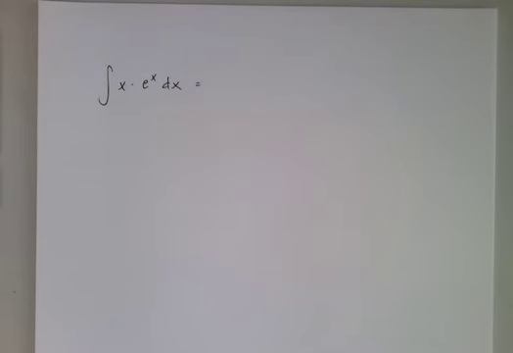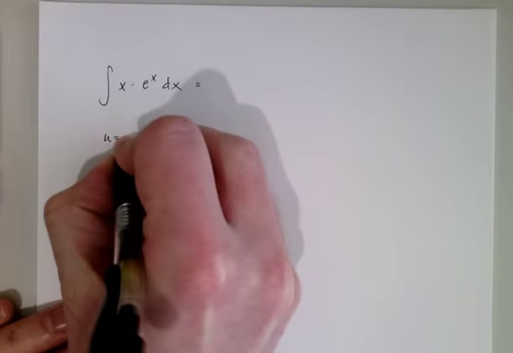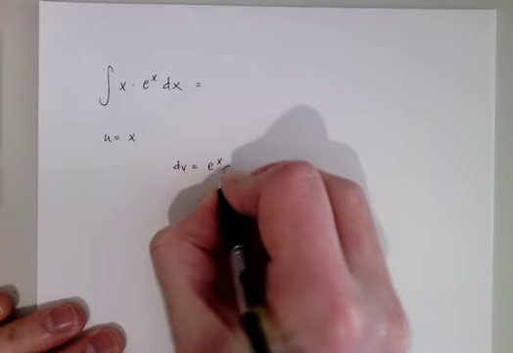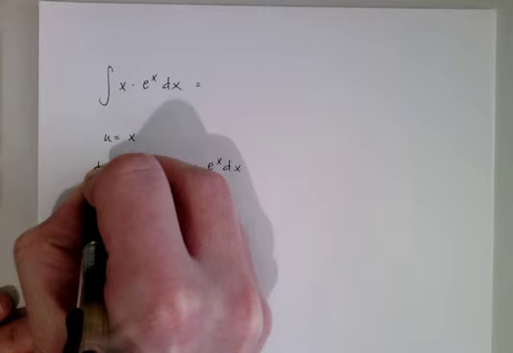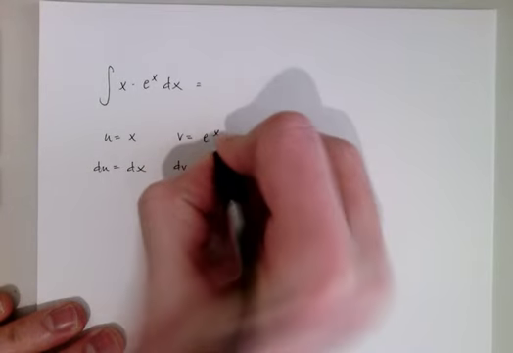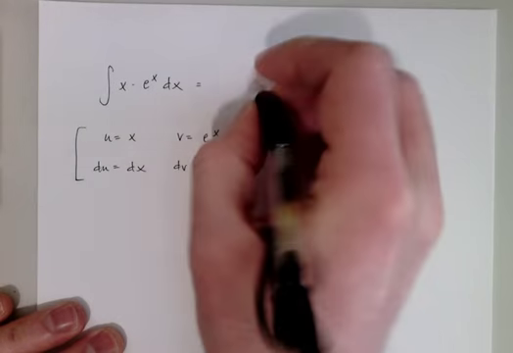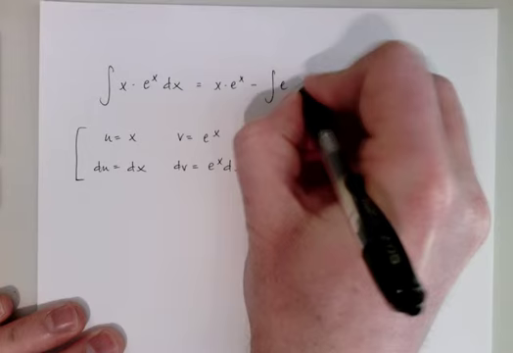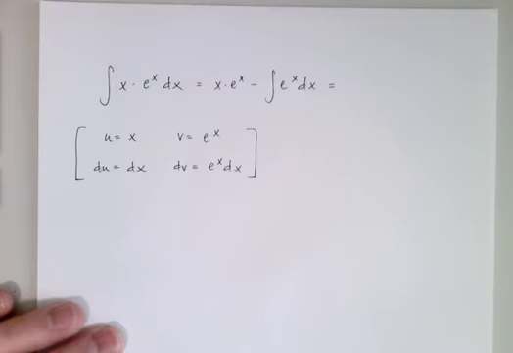No matter how many times you anti-differentiate it, it is always going to be e to the x. e to the x is not going to go away. And therefore, we want to designate u as x and dv as e to the x dx. Therefore, we have at least one piece of that integrand disappearing for us, which is, of course, crucial to making this into a form that can actually be done.